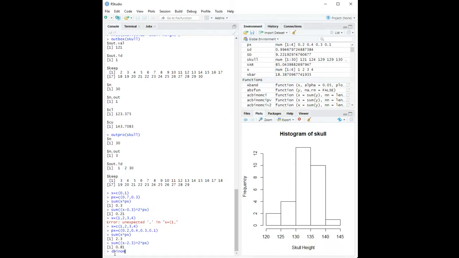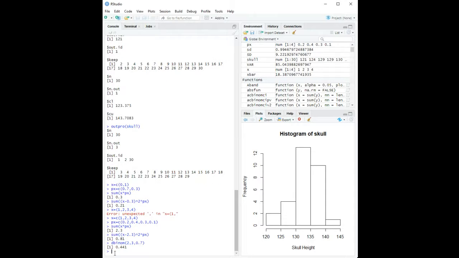So we're going to take that dbinom of 2, which represents the 2 heads, and then 3 is the trials, so we're flipping it 3 times, and the probability of heads is 0.7. Okay, so then we just enter and it should give us the probability. So now for the next one, what was it?